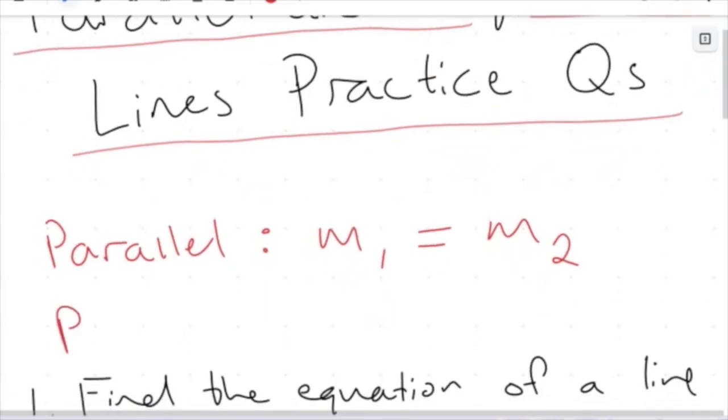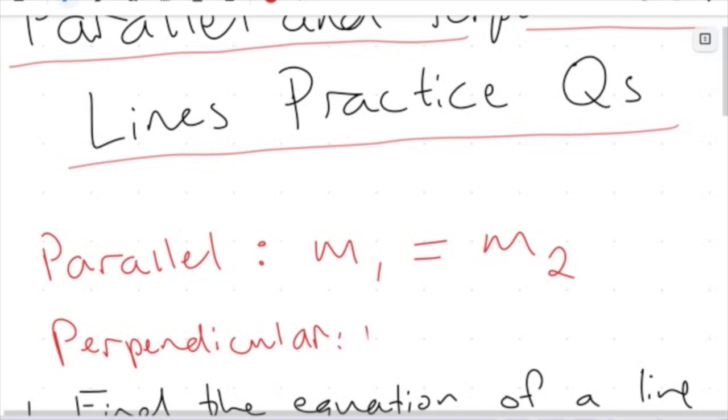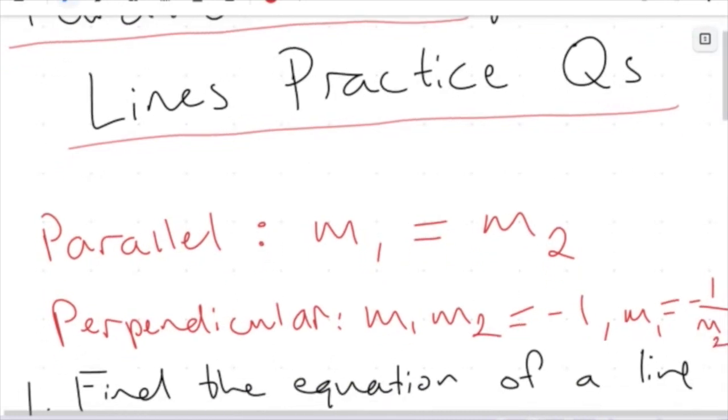Now for perpendicular lines, we noticed that when we multiply these two, so m1 times m2, we're going to get -1. Or we also wrote this as m1, for example, is the negative reciprocal of m2.